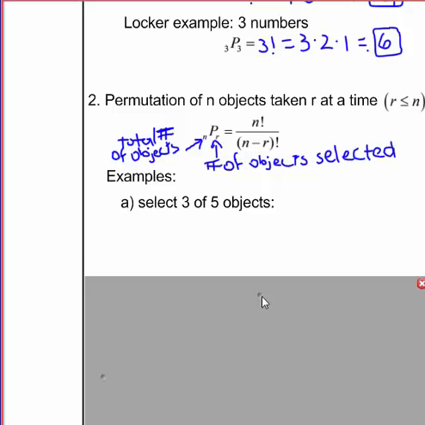If we are selecting 3 out of 5 objects, so 5 is the total number of objects, so it would be 5P, and then our r is 3 because we are selecting 3. Again, the 5 is the total number of objects. The 3 represents how many you are selecting.